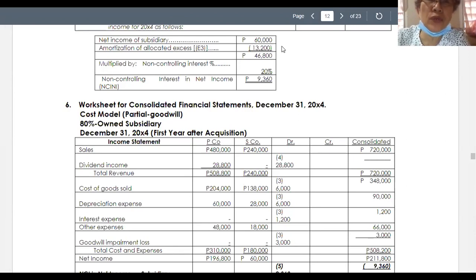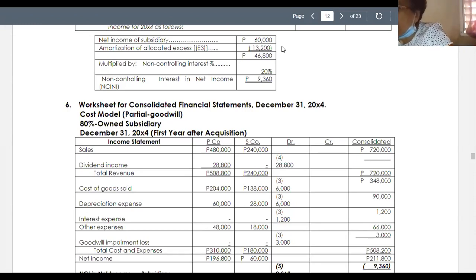So we now have your worksheet or the consolidated working paper. First, we have the partial goodwill approach. We have sales. In the book, we are given the amount of sales for the parent and for the subsidiary.